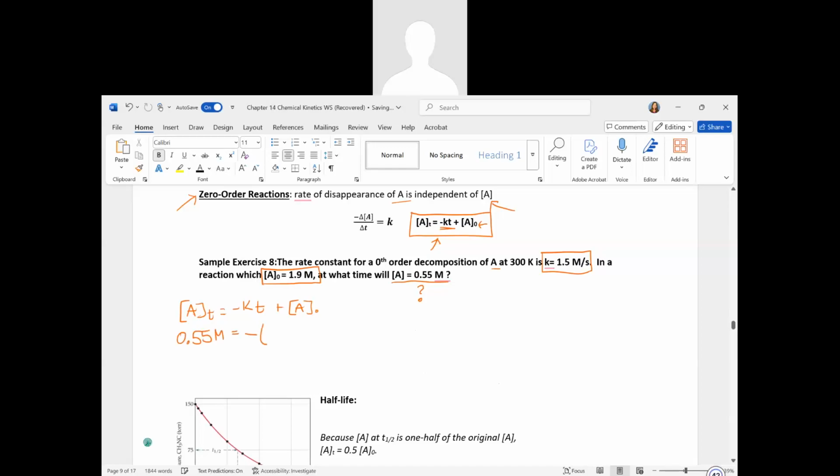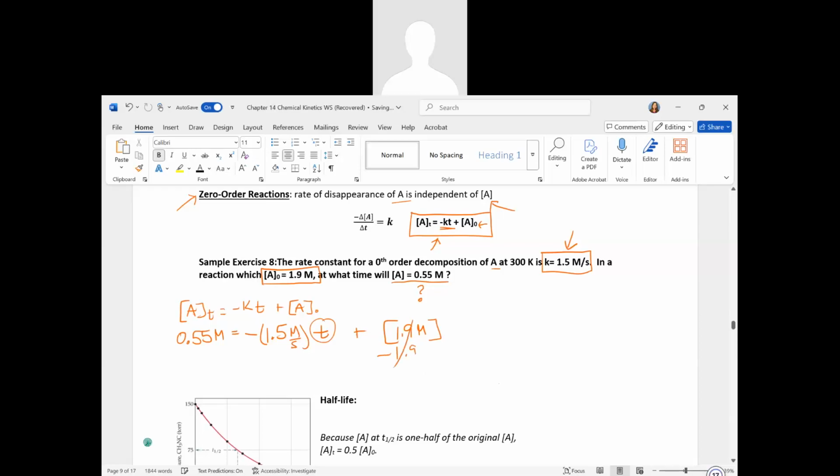Since we're given this k value of 1.5 molar per second, we're going to multiply that by t for time, and then add 1.9 over here.